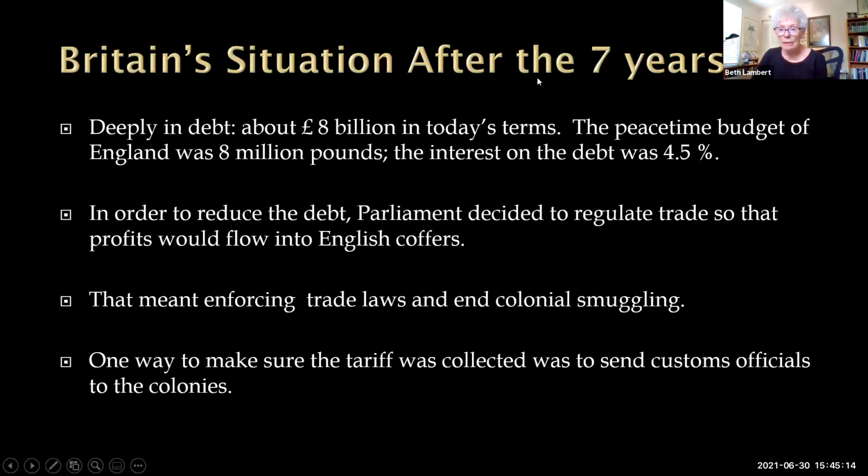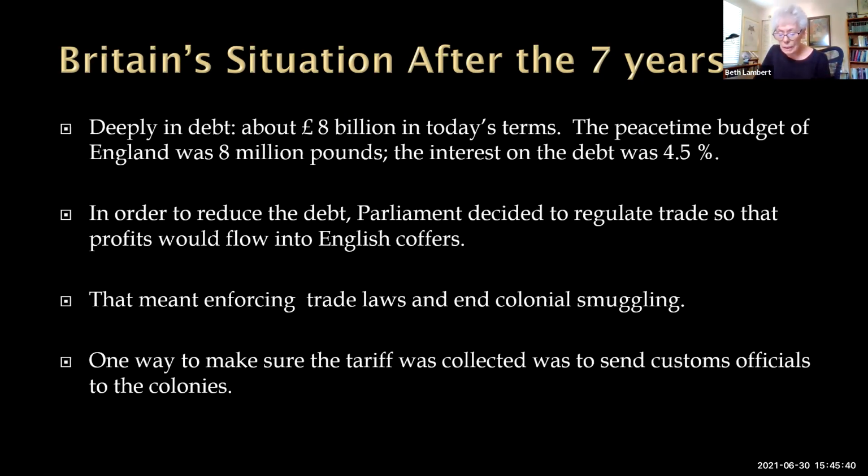Britain's situation after the 7 Years' War, or the French and Indian War. And you probably have heard this, that they were deeply in debt. You can imagine the 7 Years' War had really been a world war. The peacetime budget of England was £8 million.